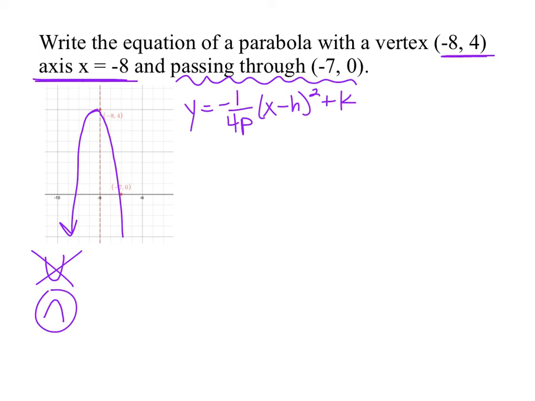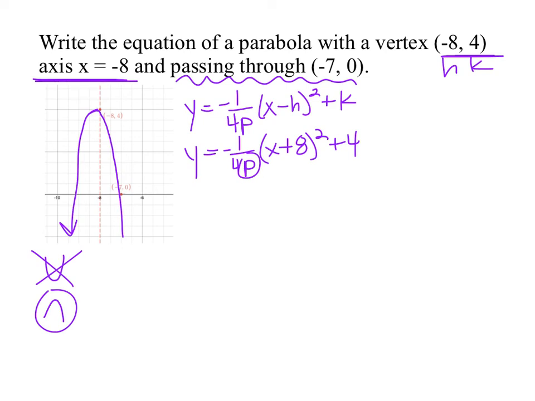Your vertex tells you the h and k value. So y equals negative 1 over 4p times (x plus 8) squared plus 4, right? That's left 8, up 4. And now our only thing that we need to do is find p.